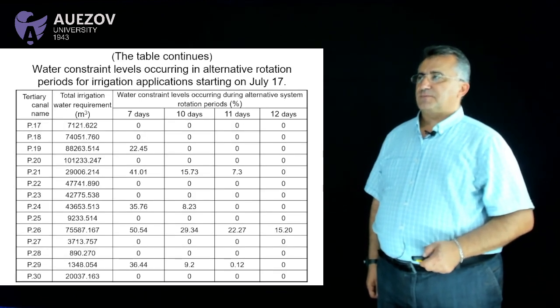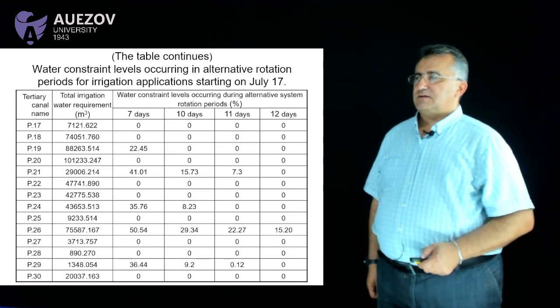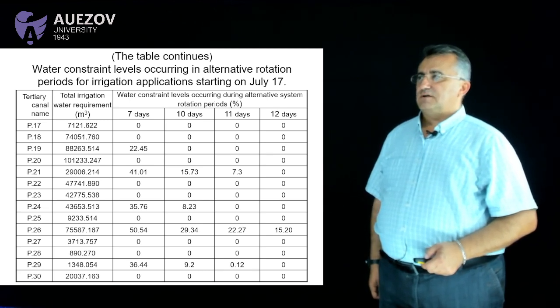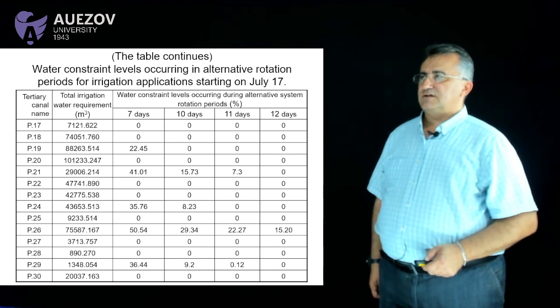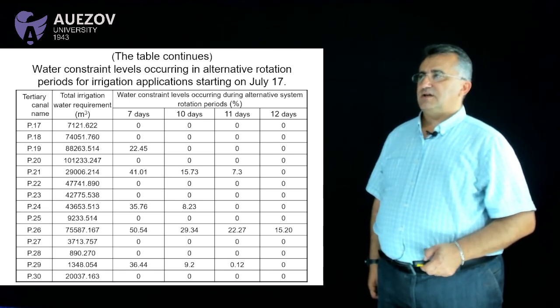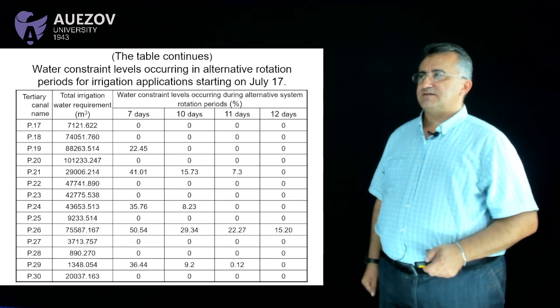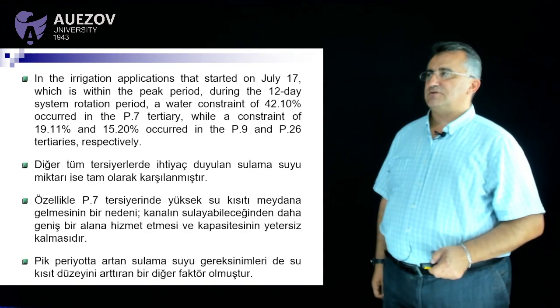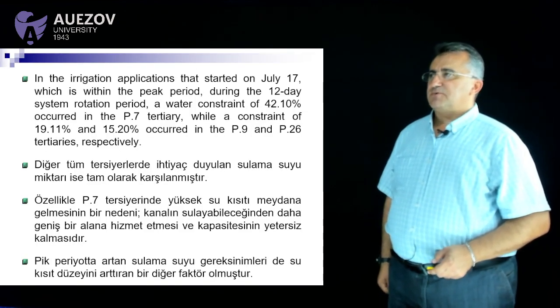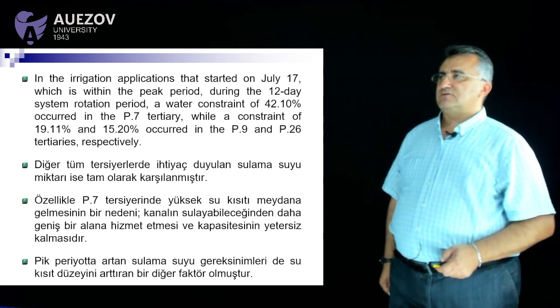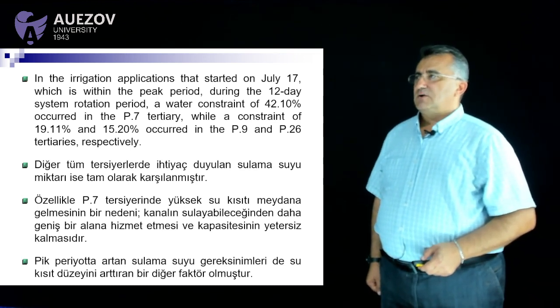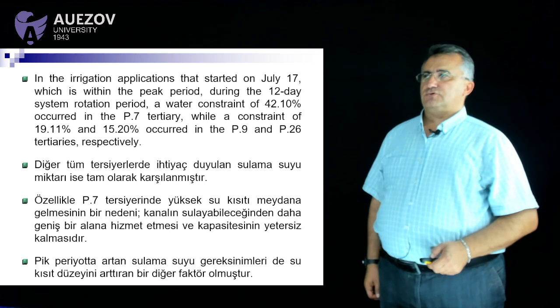This table is obtained for all the tertiary canals for the July 17 irrigation application.